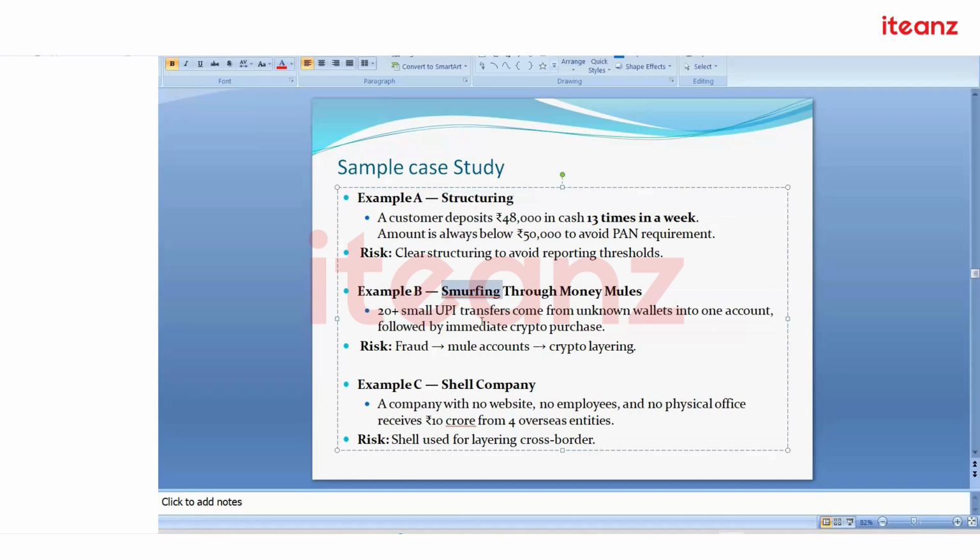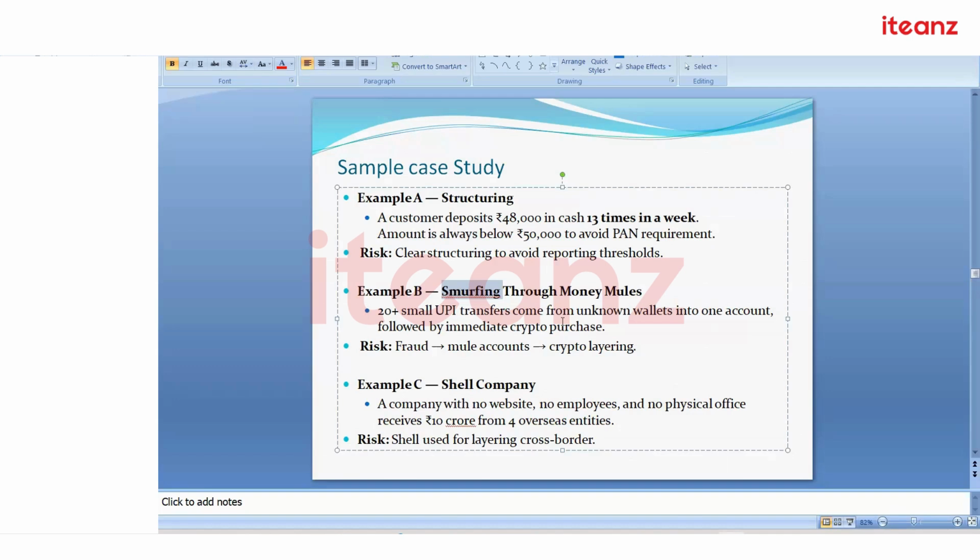Like the 50 lakh example I gave you, split among different people. That is called smurfing. These words, write them down and do a Google search to get more on this.